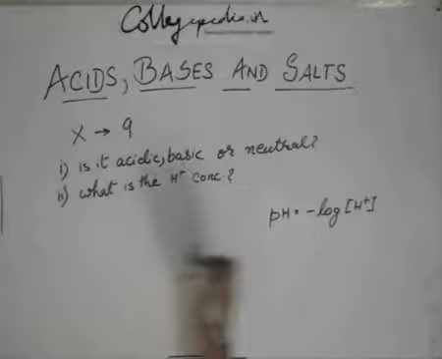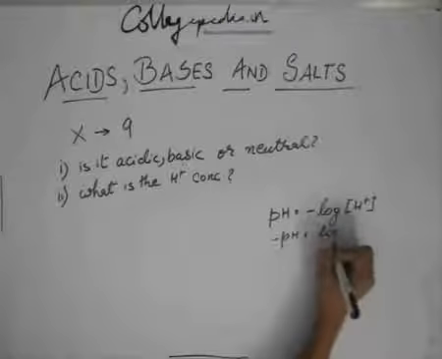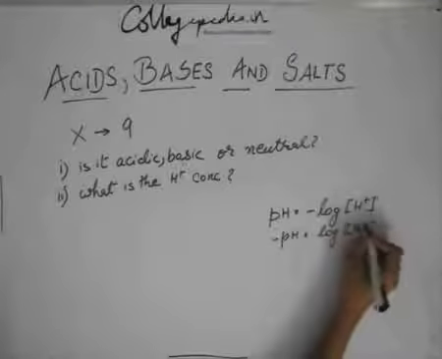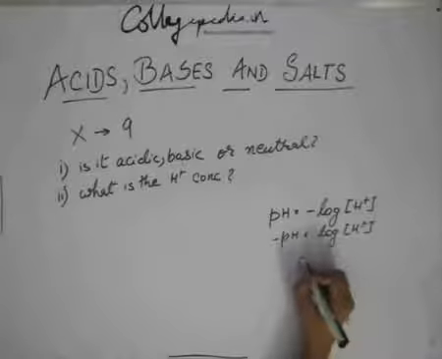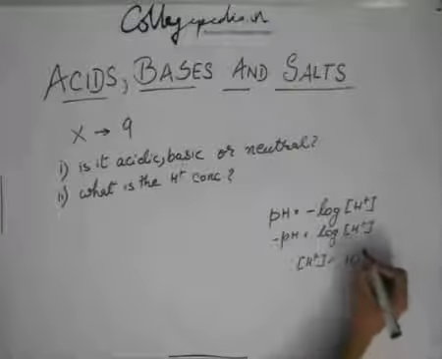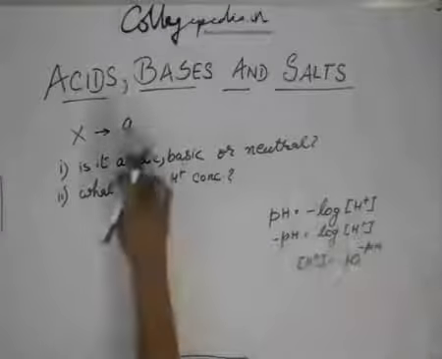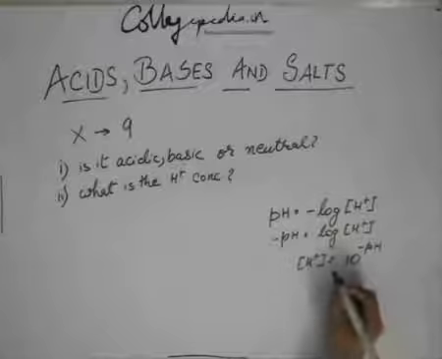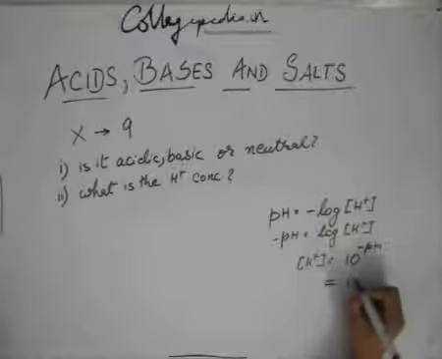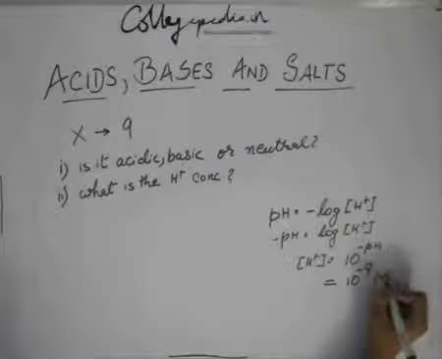So minus pH is equal to log of H plus ions. So H plus ion concentration will be equal to 10 to the power minus pH, and here pH is 9. So this concentration will be equal to 10 to the power minus 9 molar.